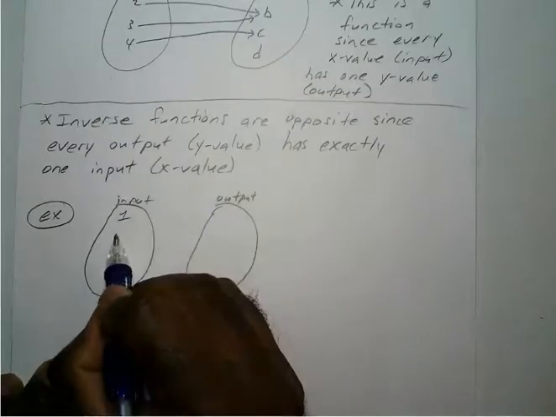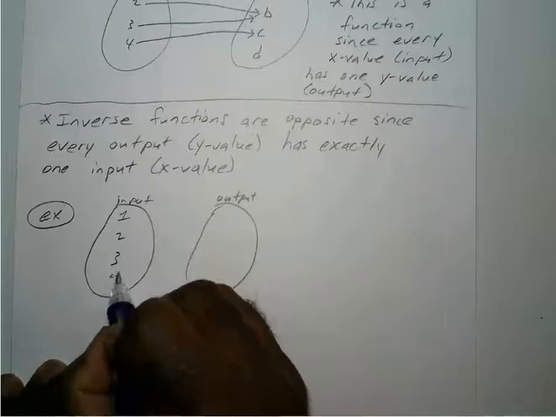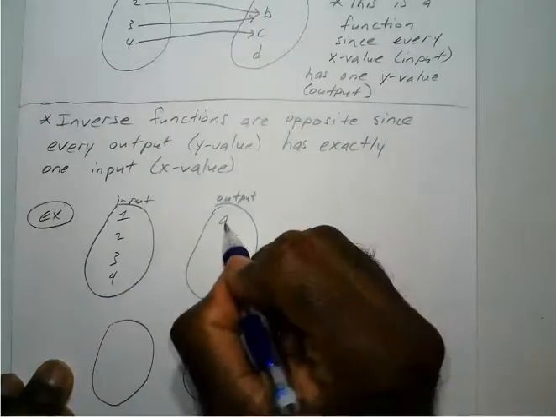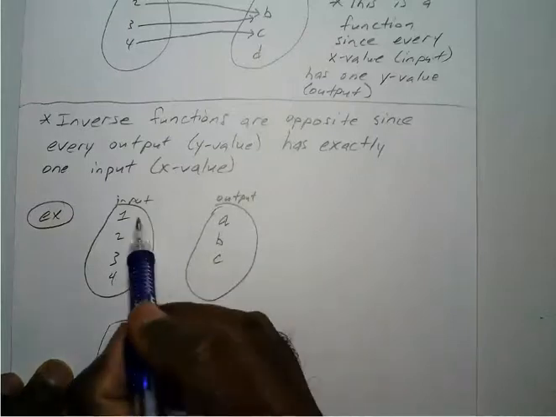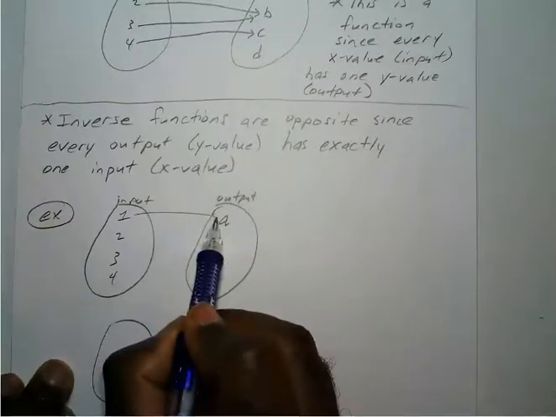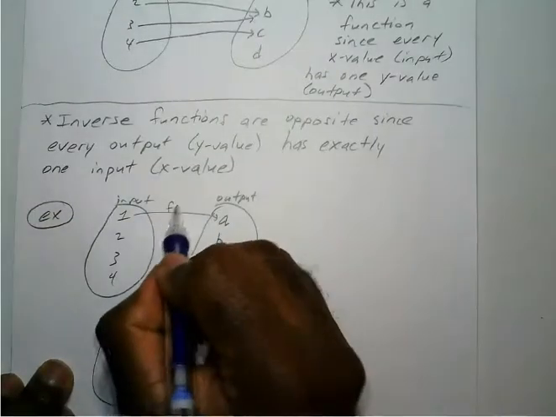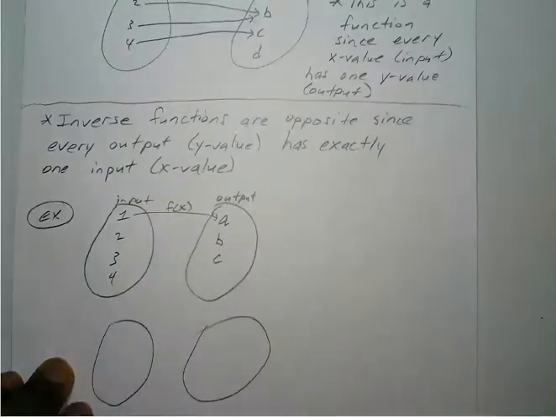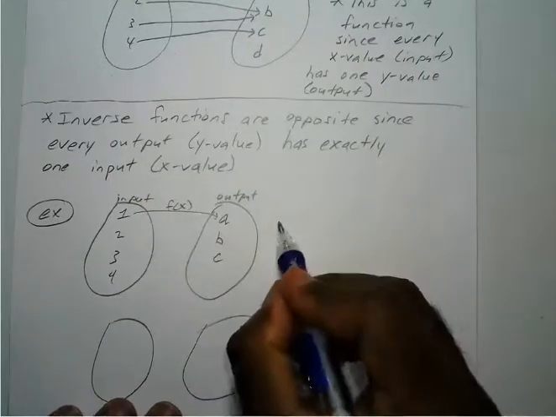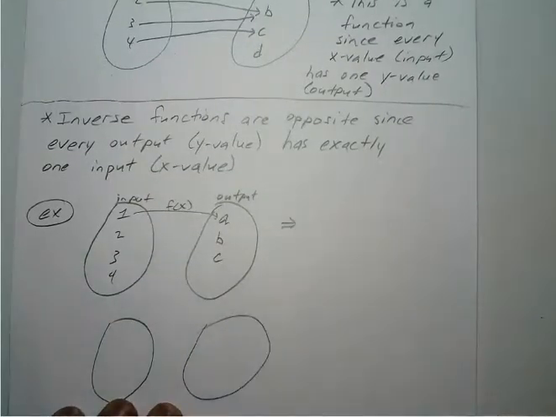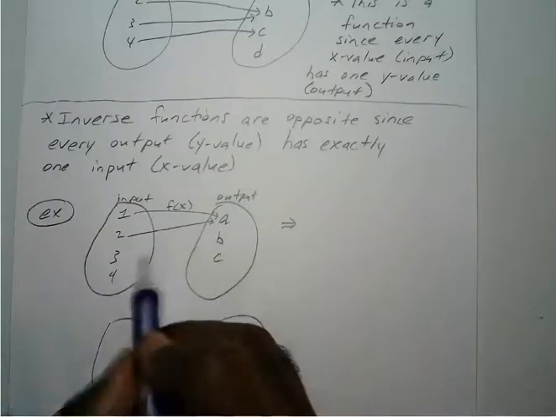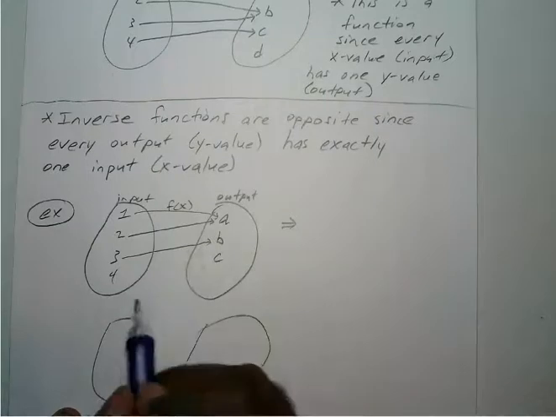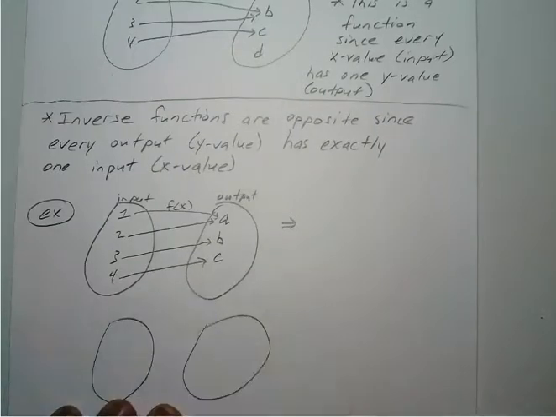Let's say 1, 2, 3, 4, and this is A, B, and C. Each arrow is your f of x. Let's say 1 goes to A, 2 goes to A, 3 goes to B, and 4 goes to C.